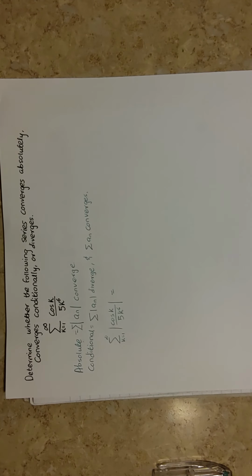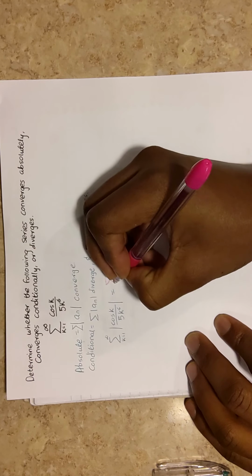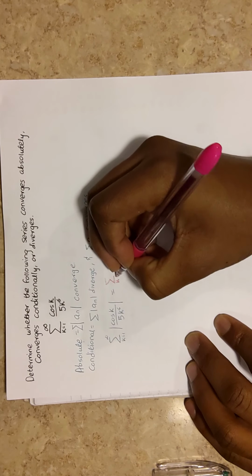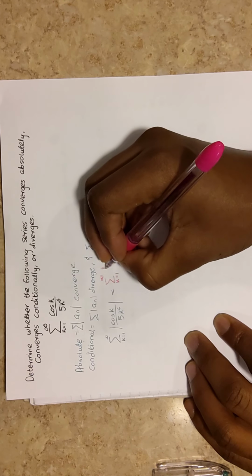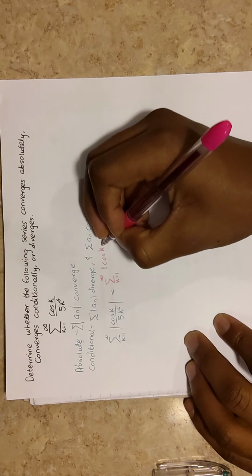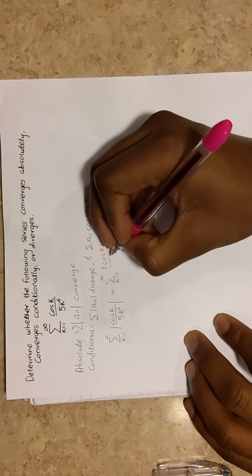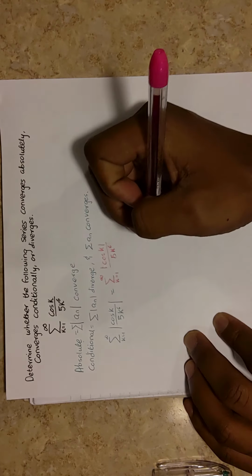So simplifying that, we're gonna get the sum from k equal to 1 to infinity of the absolute value of cosine k over 5k to the sixth, right?